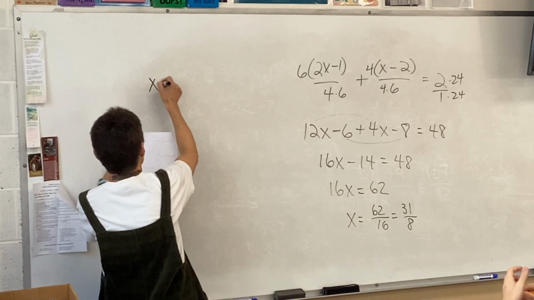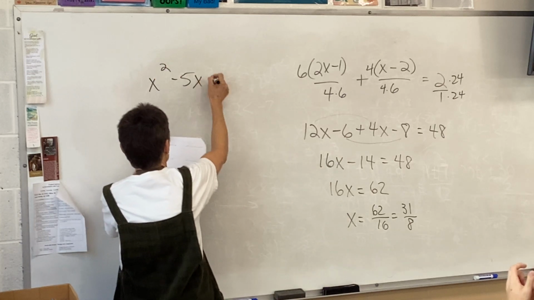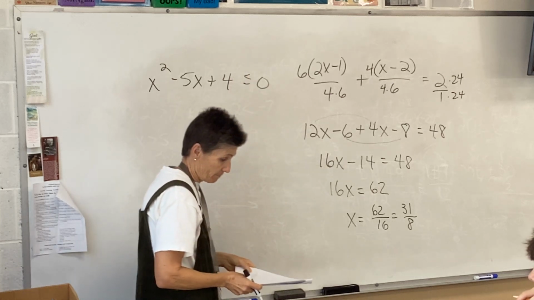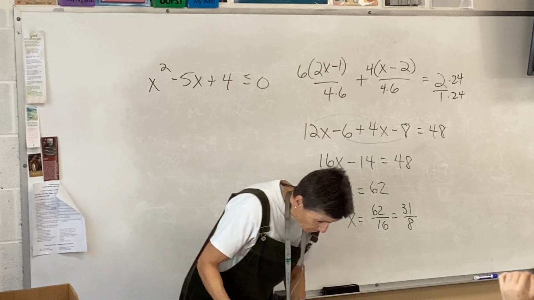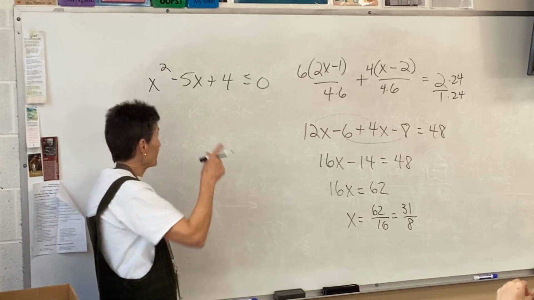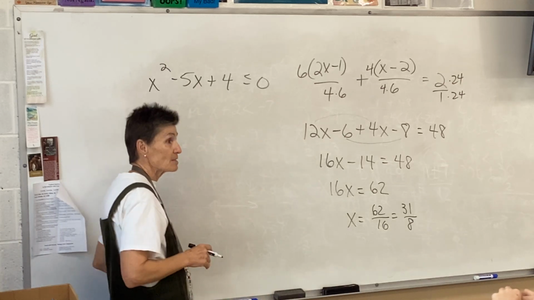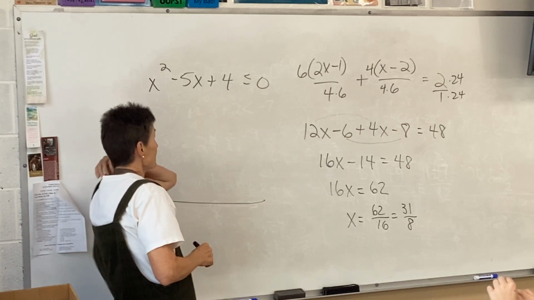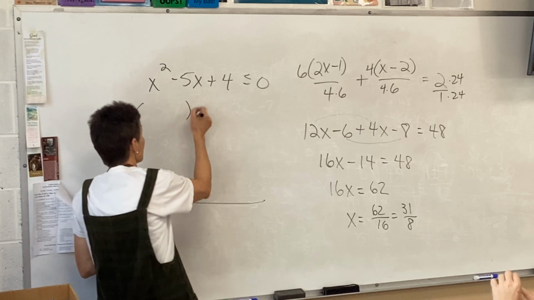Okay, so what do you think? I would factor. It's a less than, so I'm going to have an answer that's an interval, I'm going to use a number line. I heard somebody say factor it, does this thing factor?